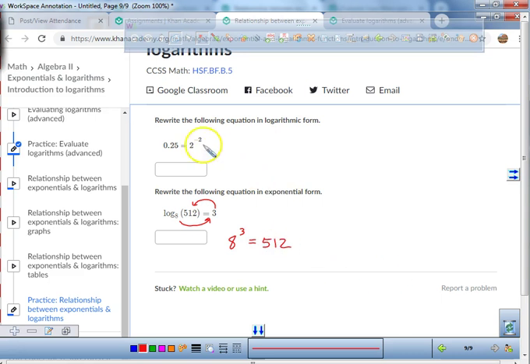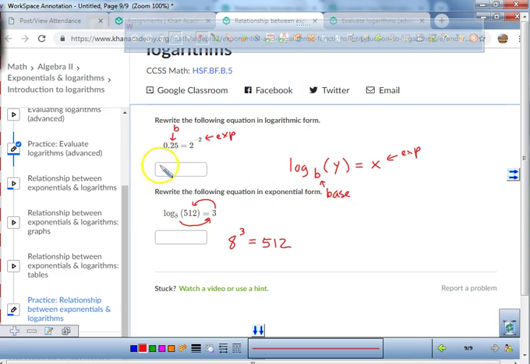Okay? Now, everybody, I'm going to make some labels here. This is your base. This little tiny number right here is your exponent. So if I'm going to change this to logarithmic form, I'm going to put b to the y equals x. So this right here, this is your exponent. This right here is your base.